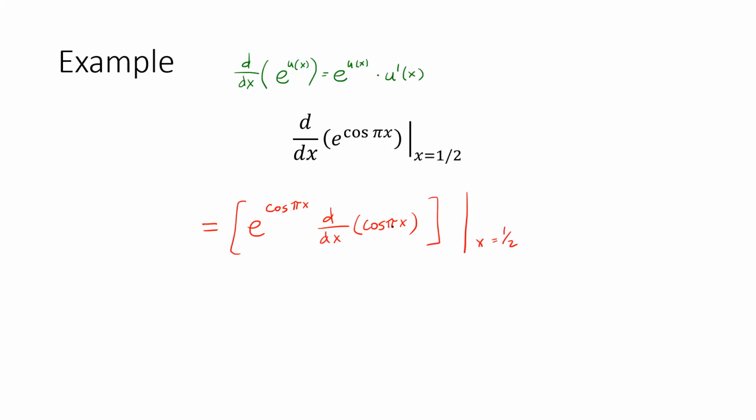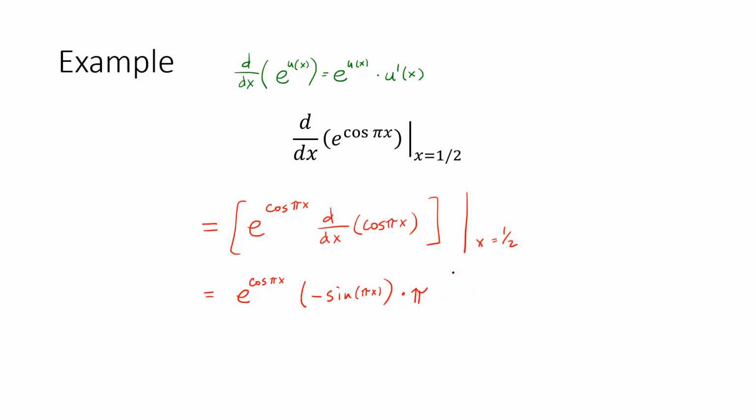Now let's take the derivative of cosine of pi x. So derivative of cosine we know is negative sine, so this will be negative sine of pi x. But then we're going to multiply by the derivative of pi x, which is just pi, right? Because it's a constant times x.